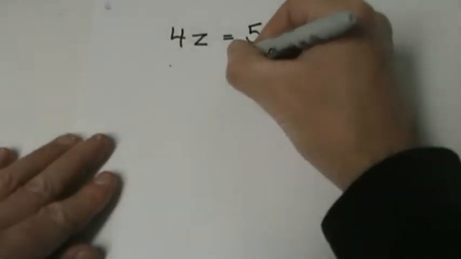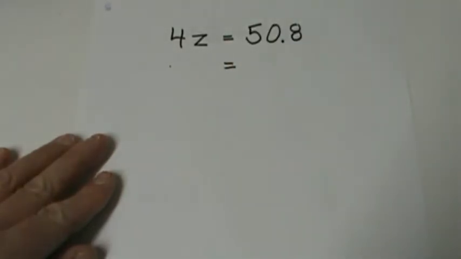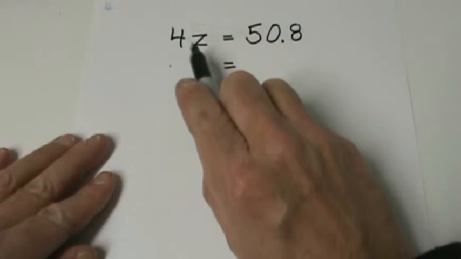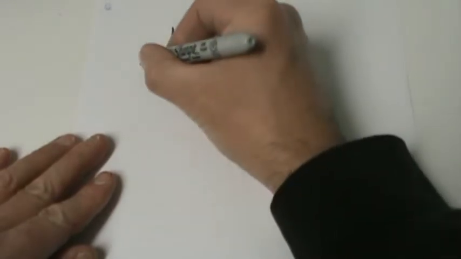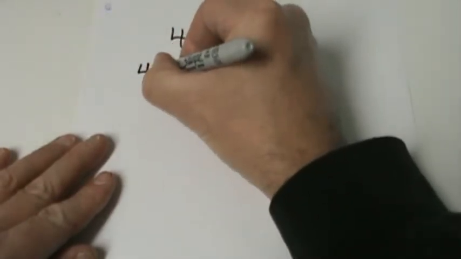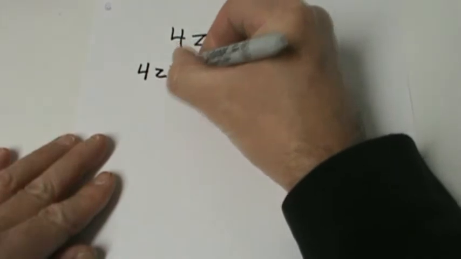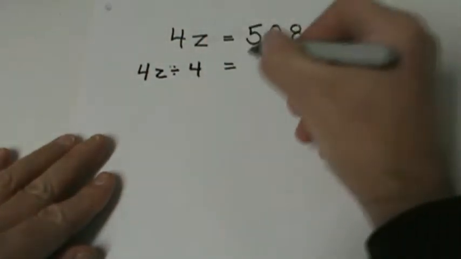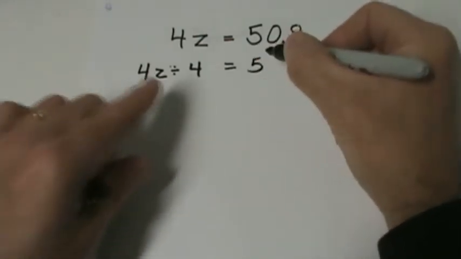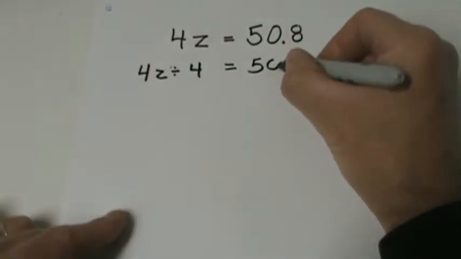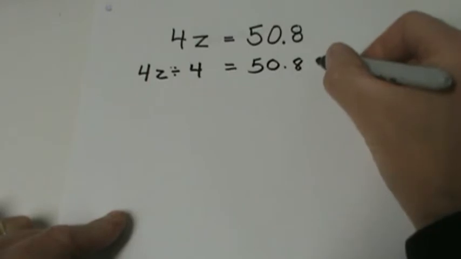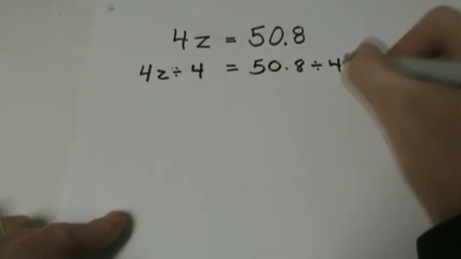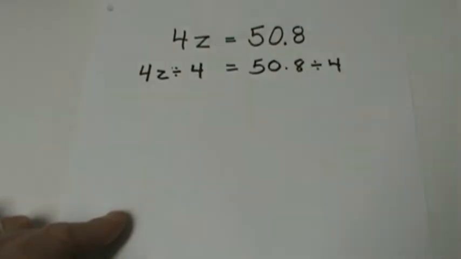Well, again, if we set it up in layers, algebraically, we know that the inverse of multiplication is division, so we're going to take 4 times z and divide it by 4. And then we know that if we divide on the left side, we also have to divide on the right side. And we're dividing by 4 because that's what we multiplied by.